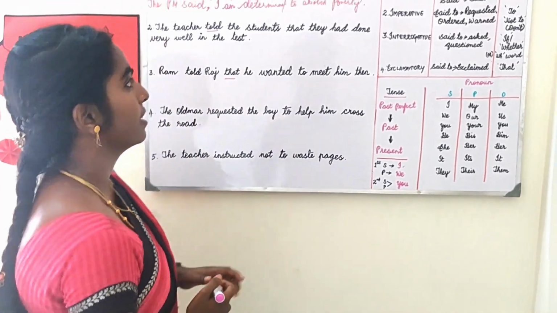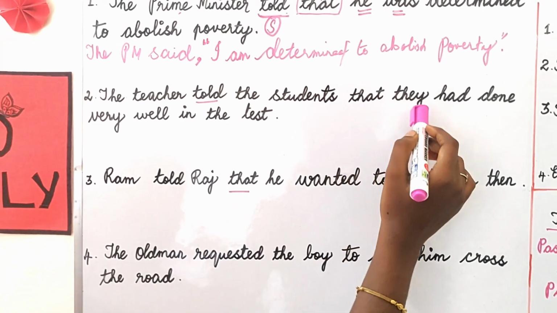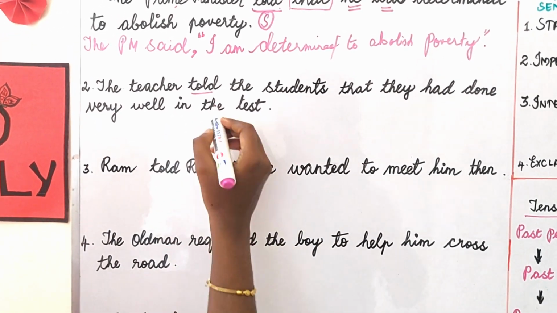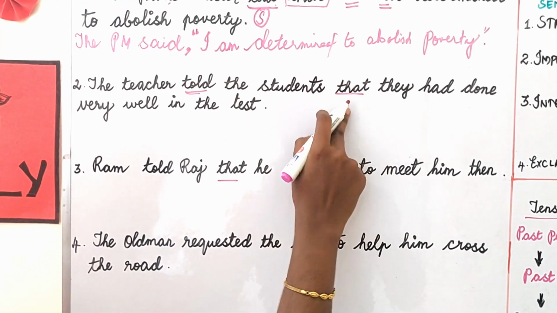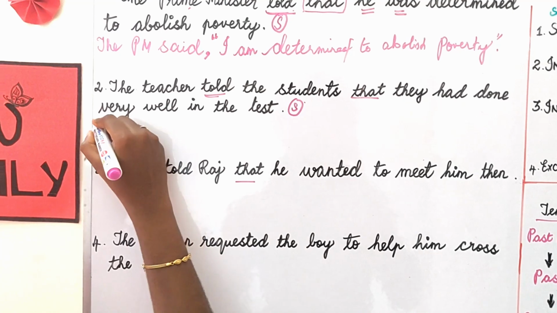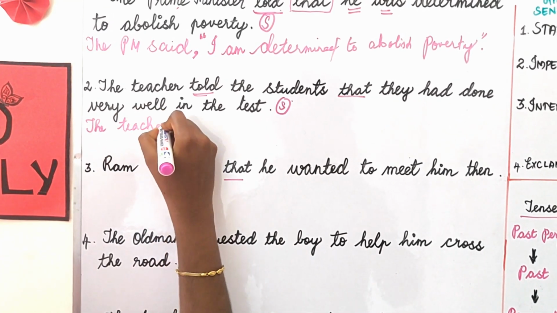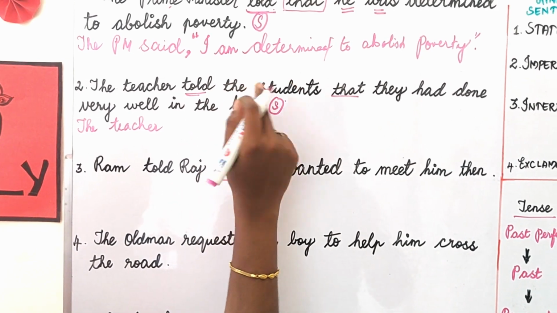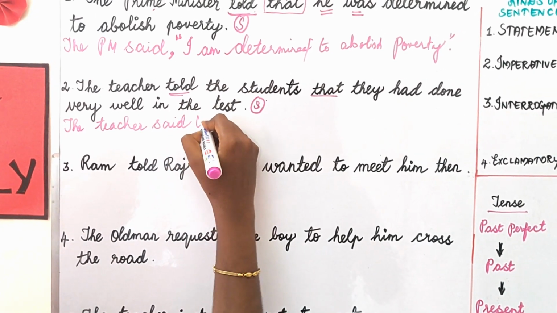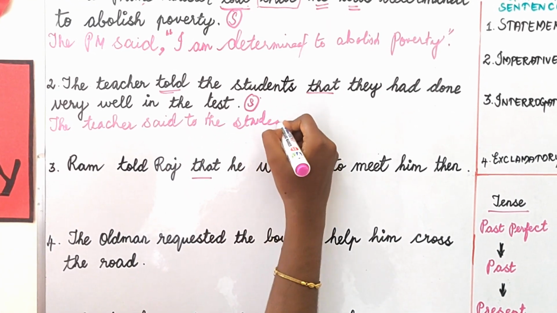Okay, next sentence. The teacher told the students that they had done very well in the test. So with told and that we identified this is a statement. Okay, so do the conversion. The teacher told the students, object is there, so said to. The teacher said to the students.